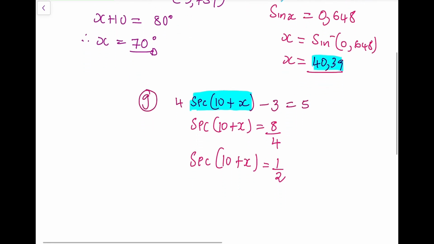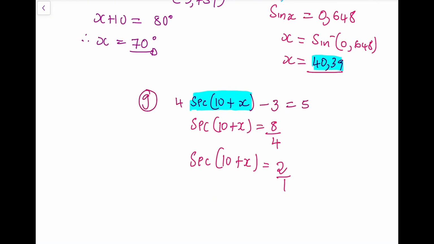Now again, you need to remember, it's not equal to 1 over 2. 8 divided by 4 is the same as 2. Now, remember 2 is the same as 2 over 1. Now, you need to remember that sec is the reciprocal of cosine.